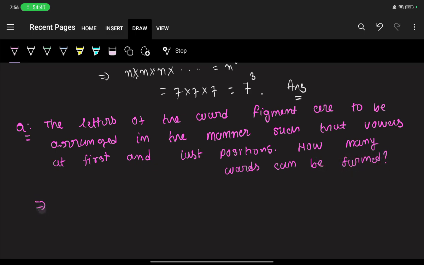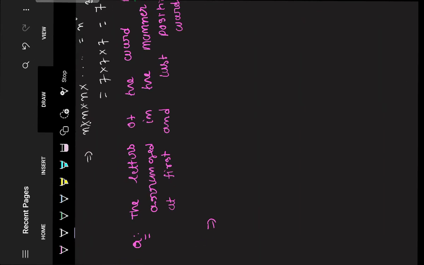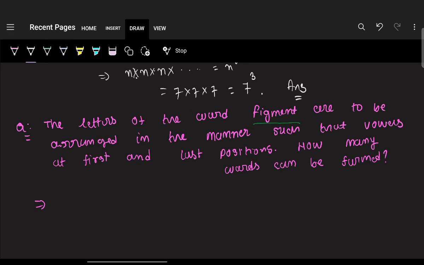The letters of the word figment are to be arranged such that vowels are at the first and last position. Okay, so we need to take vowels at the first position and last position. So how many words can be formed this way? The first place can be taken by I and the last by E, right?